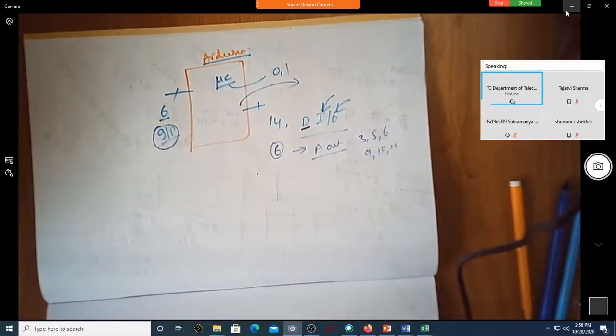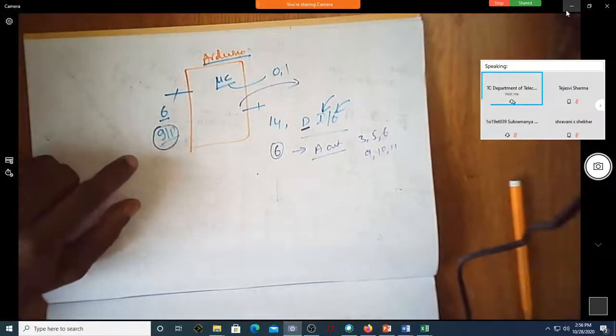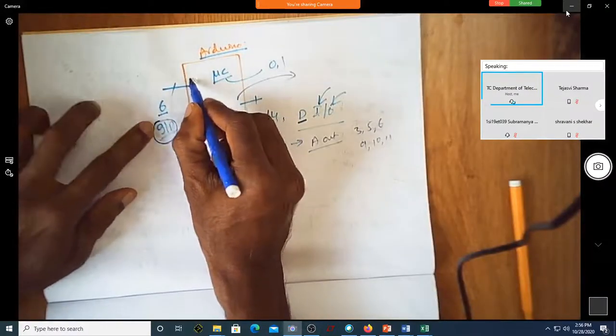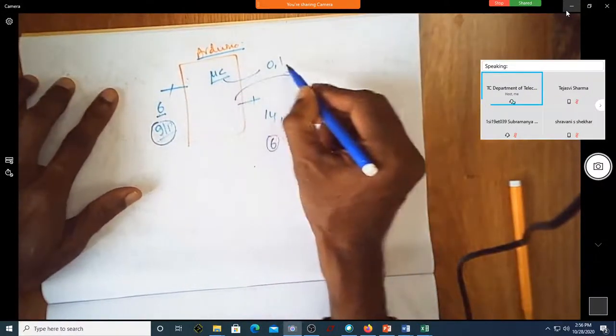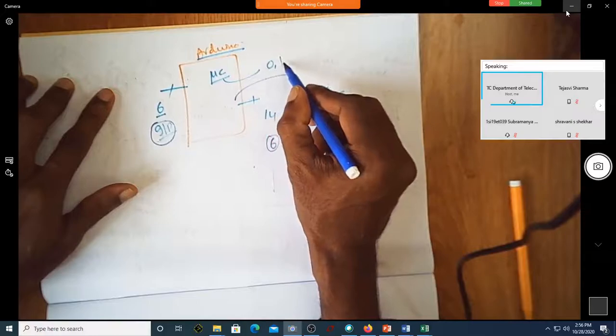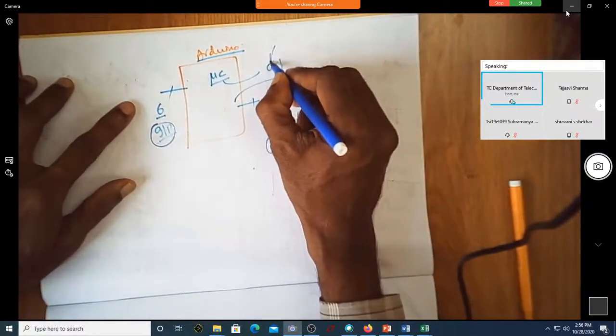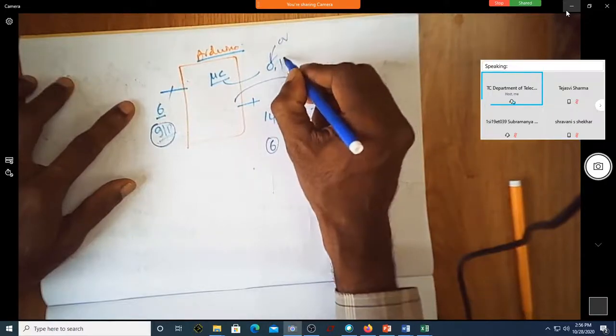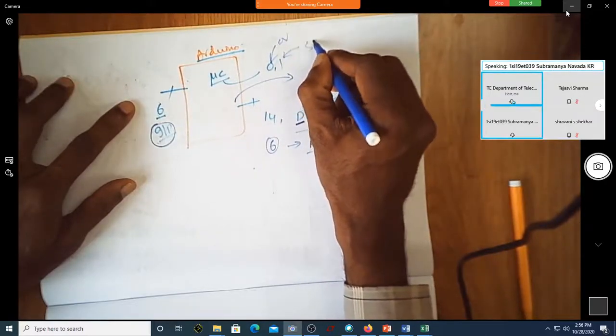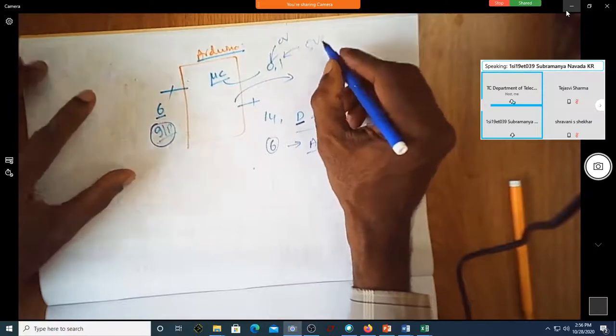Now let us come to reading the analog input. As I said, this is a microcontroller which will accept only zeros and ones. What do you mean by zero here? 0 volt. And 1 is 5 volt, of course.